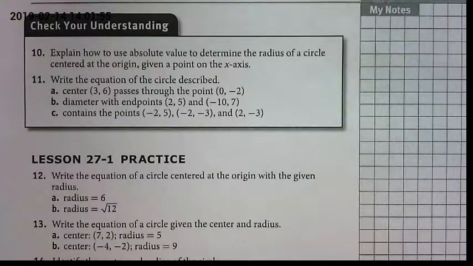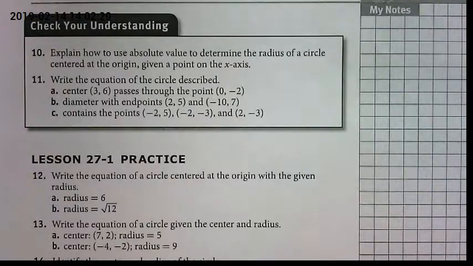What's the main idea behind this formula? Distance. And distance is always what? It's always positive. So absolute value always gives you a positive number, right? So on here, in order to determine what the radius is, it's a distance. And it always has to be a positive distance.